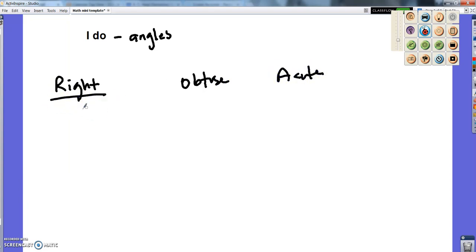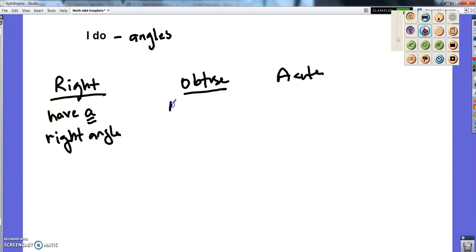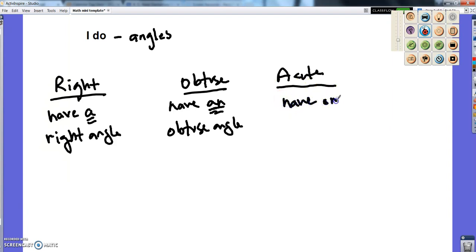So right triangles have a right angle. It's not possible to have more than one in a triangle. Obtuse triangles have an obtuse angle. And acute triangles have only acute angles.